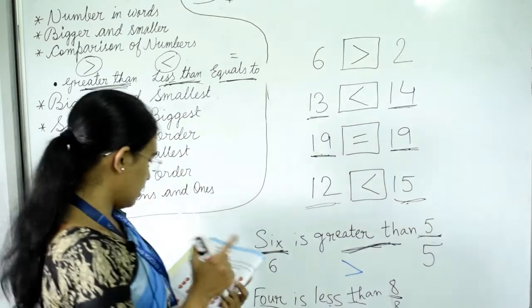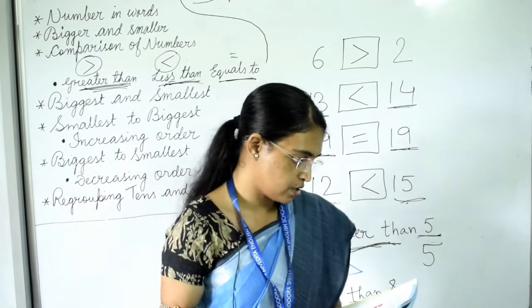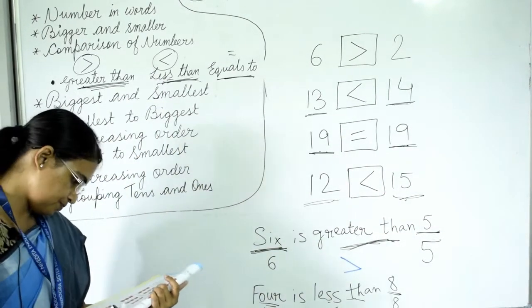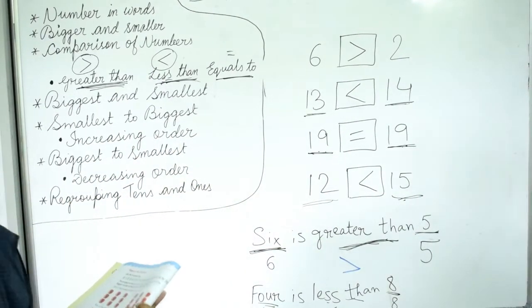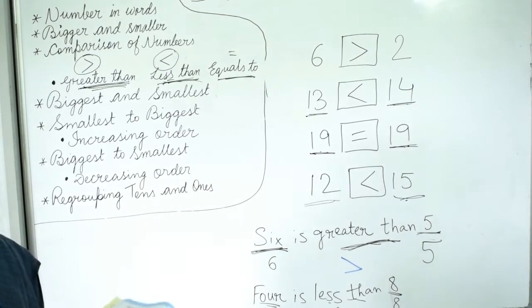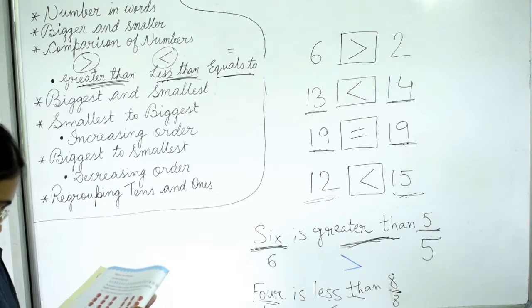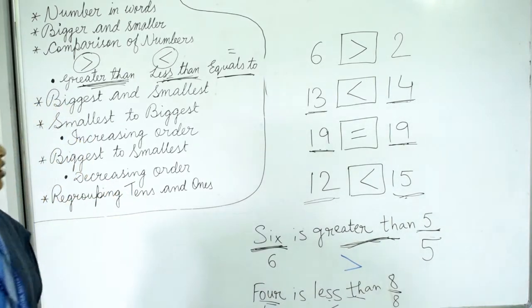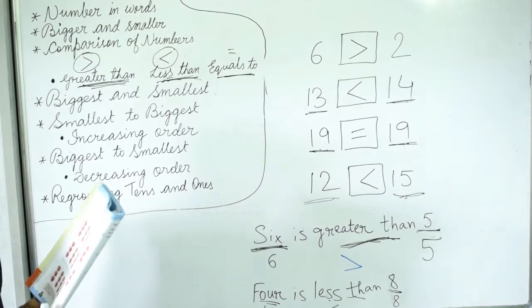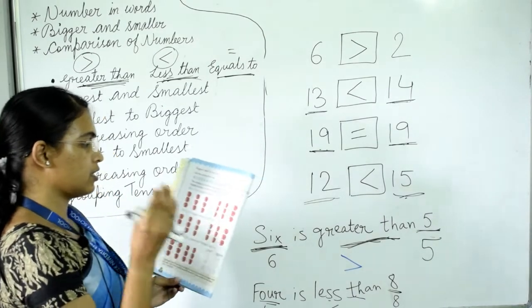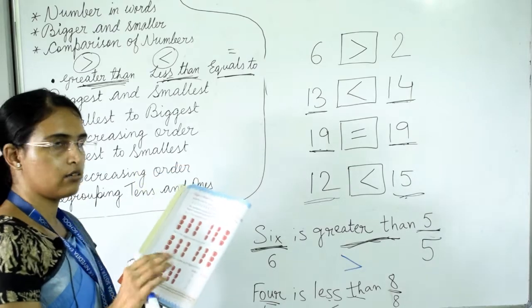But in biggest and smallest, you have more than two numbers. When you have to compare more than two numbers, that is called biggest and smallest. Now in this part also we have to find out in the same way.